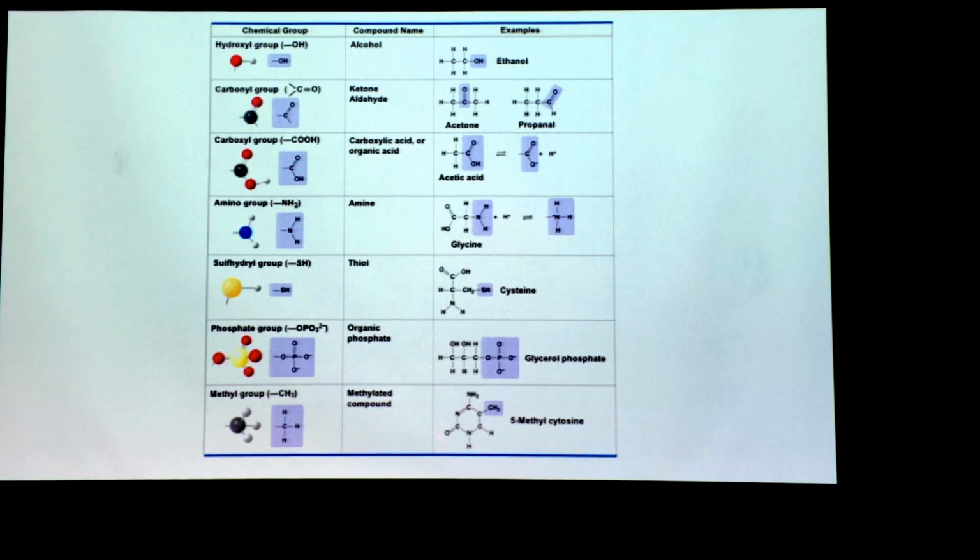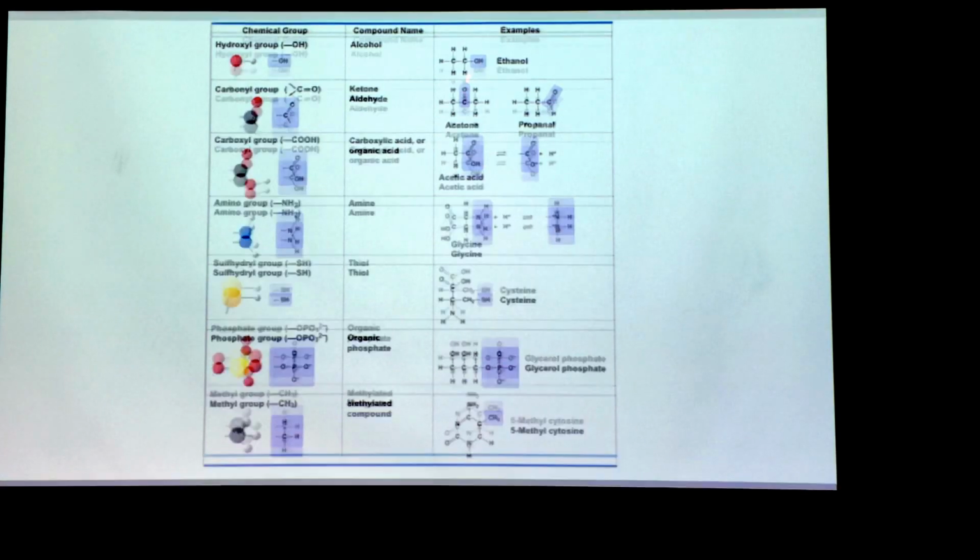For example, here's a large molecule, and here's the functional group, and it attaches to this larger molecule. Here's another functional group. This is a phosphate group, and it's like a little flag that attaches to the larger molecule. A little flag, a little flag, a little flag.